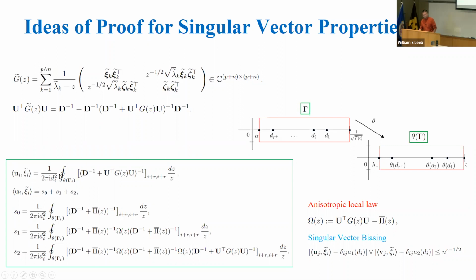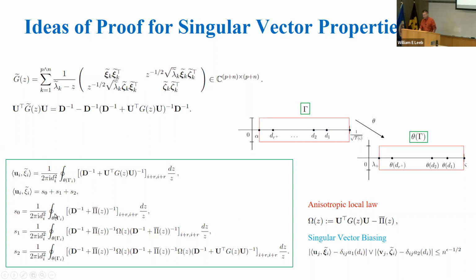It can be written as the integral of D inverse plus U transpose G U here. And again, we can decompose this matrix into pi and some value determined by the anisotropic local law.